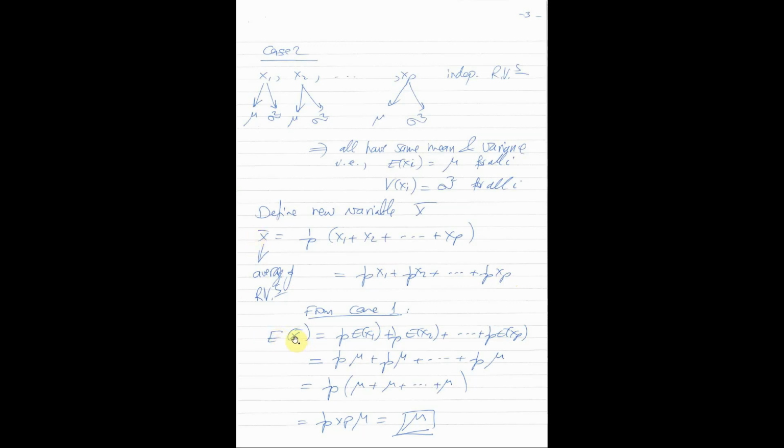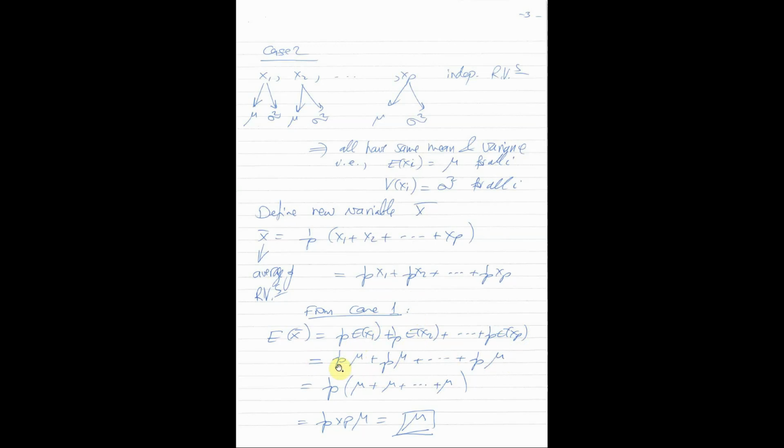The expected value of x bar is simply the first constant, 1 over p, times the expected value of x1, plus 1 over p times the expected value of x2, and so on, plus 1 over p times the expected value of xp. So this is what we have. Now let's substitute. We said from the beginning that the expected value of x1 is mu, and the expectation of x2 is also mu because they're all the same, until the expectation of xp is also mu.